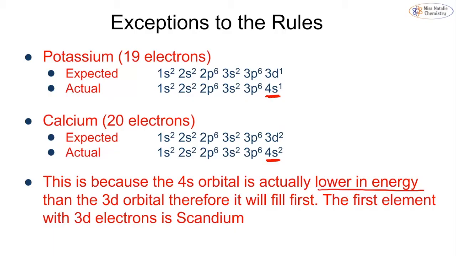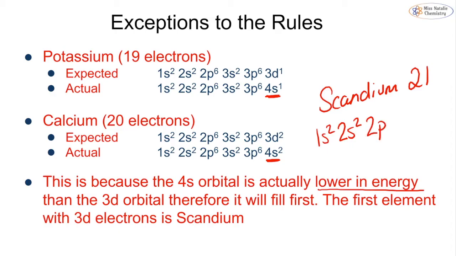Calcium is then going to have 4s2, and scandium, which is atomic number 21, will be the first to contain a d electron. That would be 1s2, 2s2, 2p6, 3s2, 3p6, 4s2, 3d1. So it would be the first to contain this d electron.